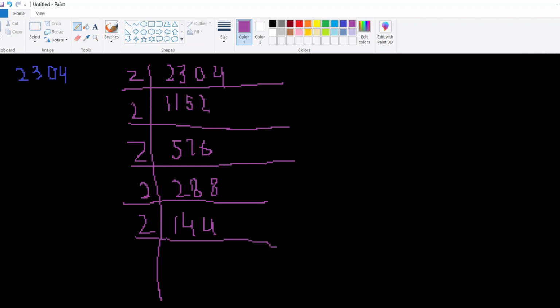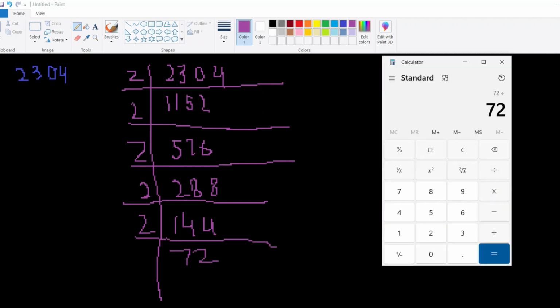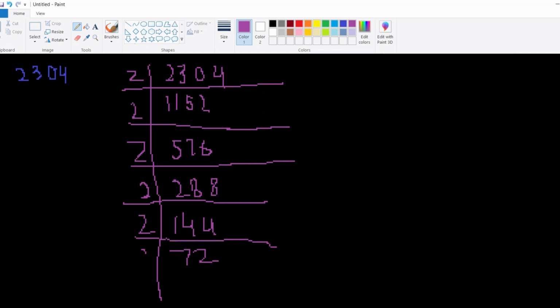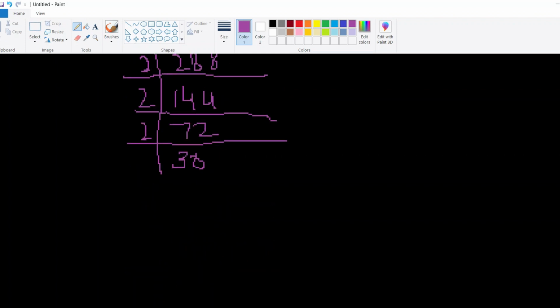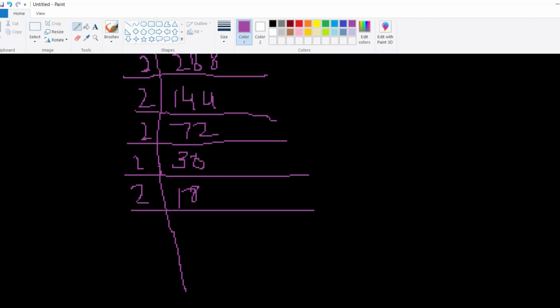Now 72, again being an even number, we just divide by 2 again. 36. We know 36 comes in the table of 2 at 18. 18 comes at 9. 9 doesn't come in the table of 2, but it does come in 3 at 3.